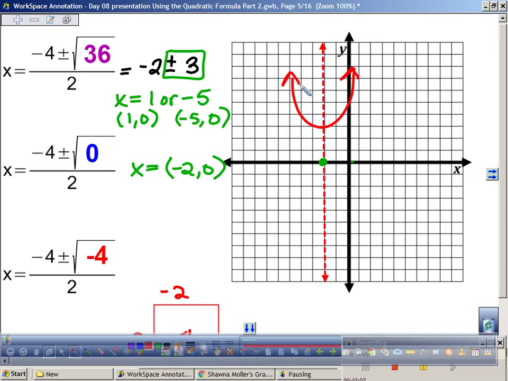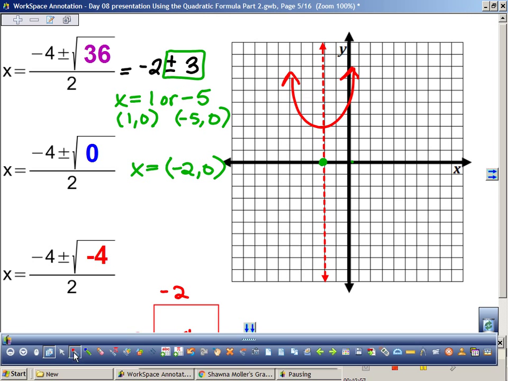On the axis of symmetry. I heard some of you say, well, you take negative b over 2a, and then you don't know where to go from there. You get lost in the process. Don't think about the formula, think about the process. If I want to get to the vertex, the first thing I have to do is go to the axis of symmetry. What's the axis of symmetry?